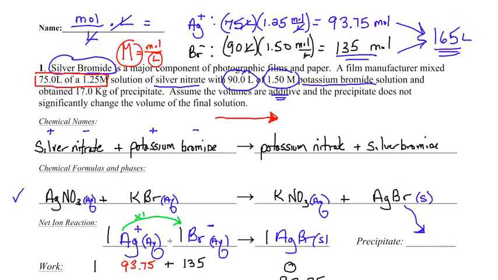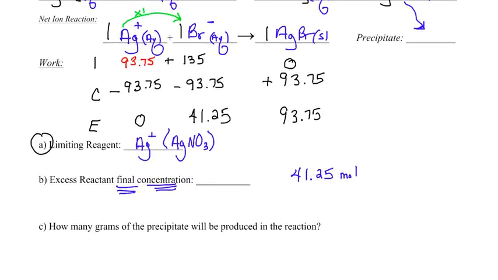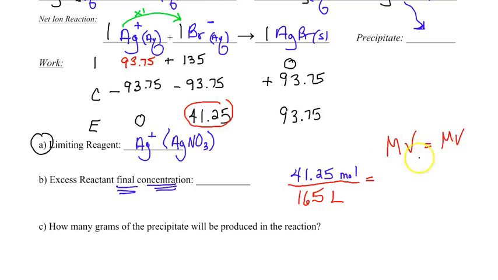So I'm going to take the total moles that remain, and that's this, and divide by the total volume at the end of this reaction, which we just realized is 165 liters. This is kind of like doing M1V1 equals M2V2, where we're solving for the new concentration when we dilute the solution. We're just doing it this way.